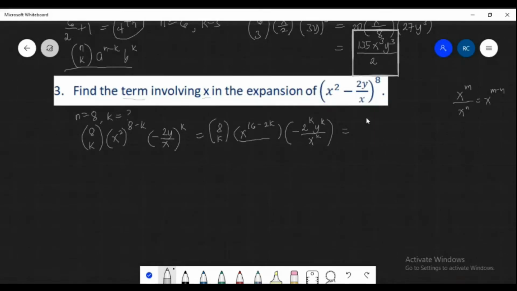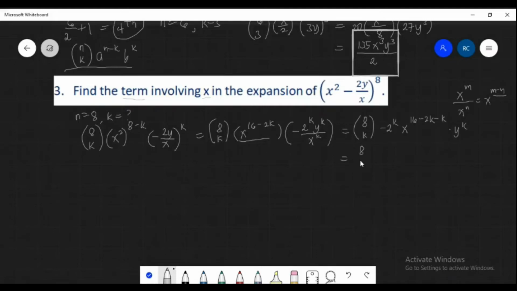Yan yung gagawin natin dito sa x na ito. So ito ay magiging 8 combine k and then negative 2 raised to k. Observe pa rin natin yung arrangement. Constant followed by x and y. So ito yung magiging x raised to 16 minus 2k minus k. Okay? Sabi nyo kanina, ma-minus yung exponent. Next, times y raised to k. Ito yung ating simplify.